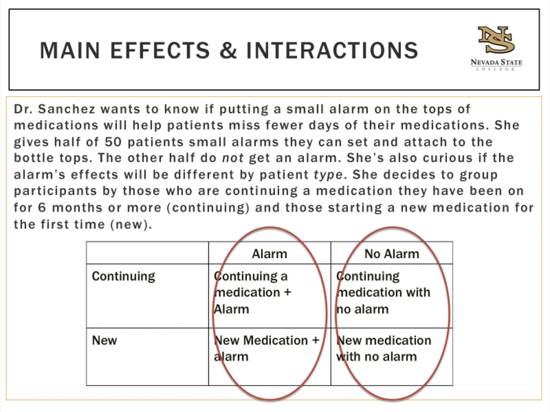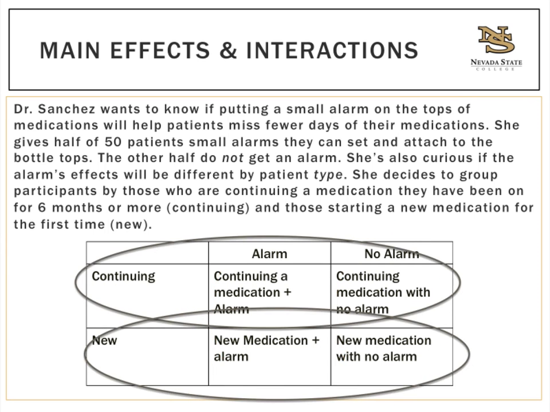So this is very similar to an independent samples t-test, right? We're just going to look to see if having an alarm helps participants miss fewer days than not having an alarm. So that's one main effect. The second main effect I'm hoping you've maybe already picked up on is that we're going to go the other way.